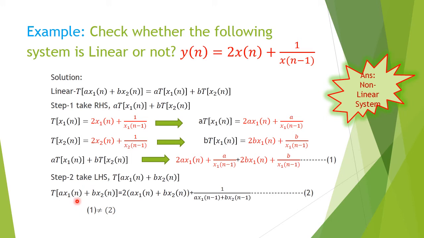So T of a into x1 of n plus b into x2 of n is equal to 2 into, instead of x of n, we substitute both the terms, a into x1 of n plus b into x2 of n, plus 1 divided by a into x1 of n minus 1 plus b into x2 of n minus 1. Now we have to check whether equations 1 and 2 are equal. Here it is not equal. So the answer is, it is a nonlinear system.